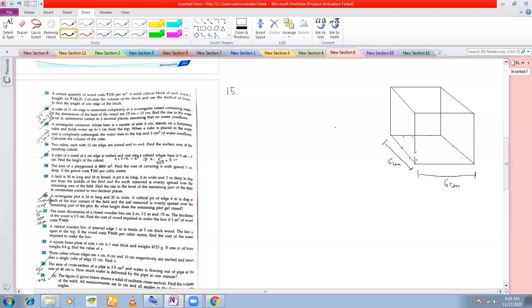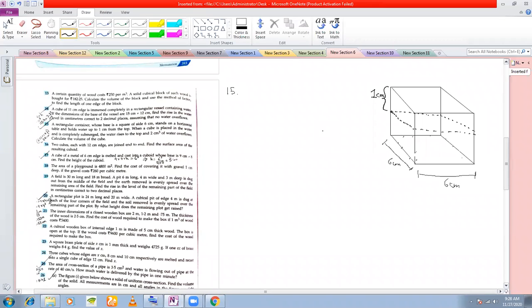That means, say the water level is this. So this is your water level. Okay, 1 centimeter from the top. This is 1 centimeter.